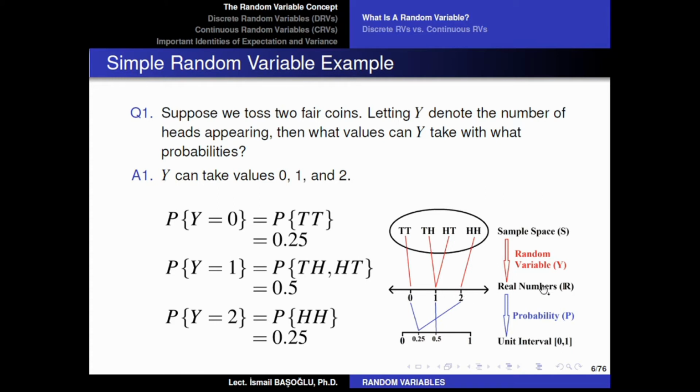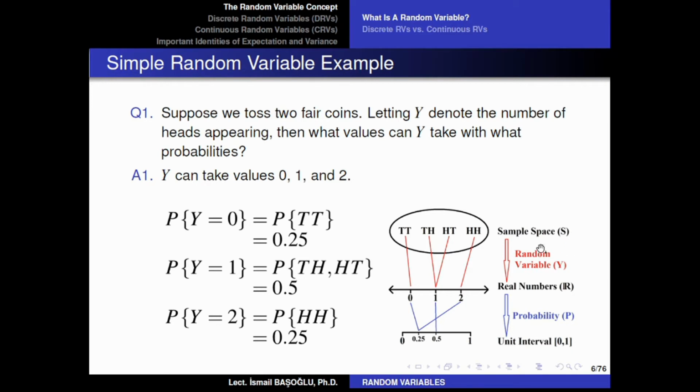Finally, we are going to define the probabilities. Now, 0 has the probability of 0.25. So the probability function reflects 0 on 0.25, reflects 1 on 0.5, and reflects 2 also on 0.25.